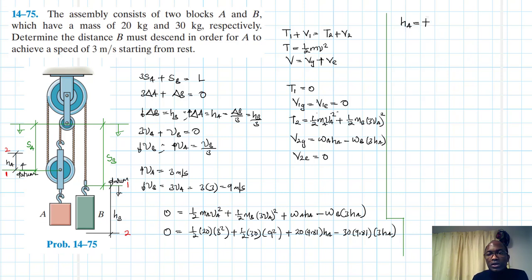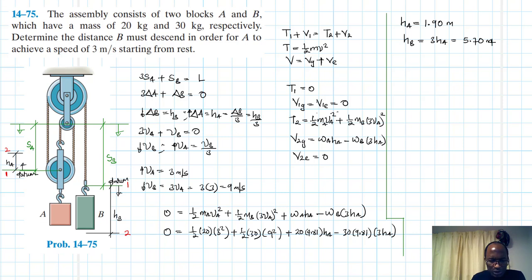Right, so HA is just equal to 1.90 meters. And therefore our HB is just equal to 3HA, which is just equal to 5.70 meters.